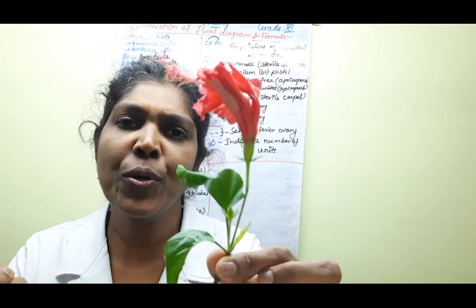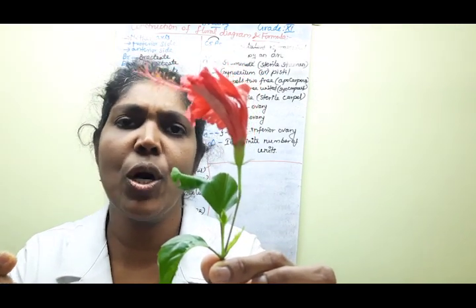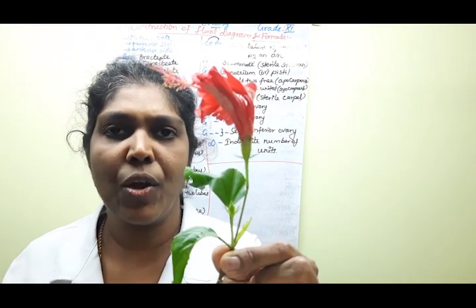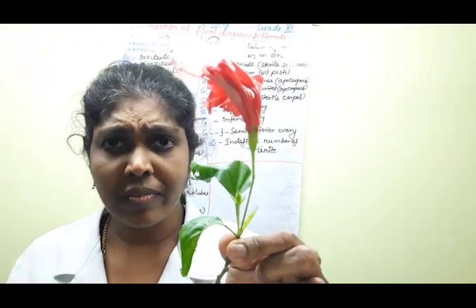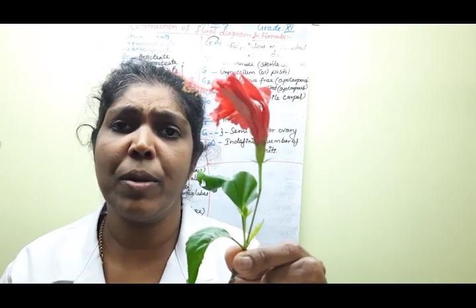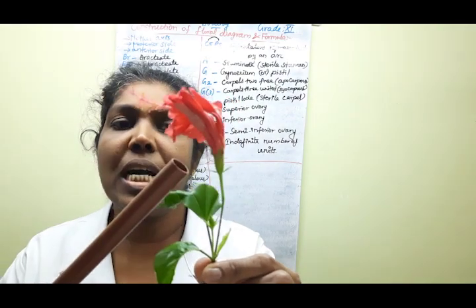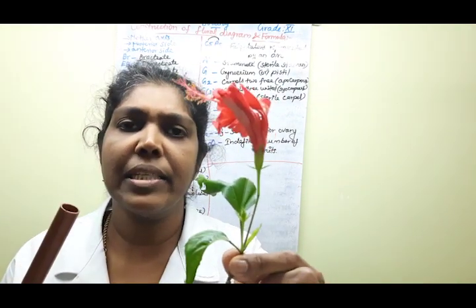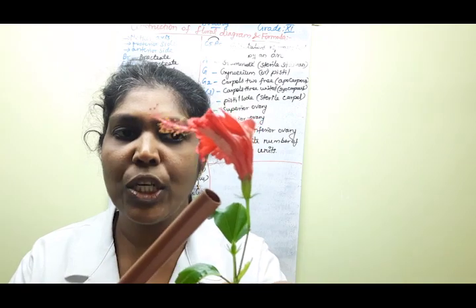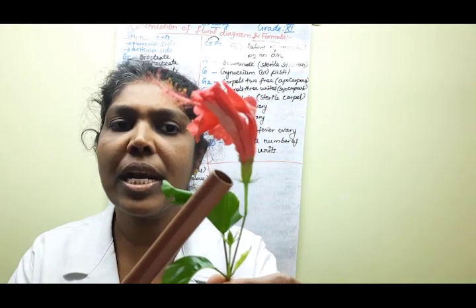A very small leaf-like outgrowth, the smallest one, is known as a bracteole. Already you have completely studied everything, what is meant by bract, bracteate, pedicel and so on. Isn't it, children? Yes, okay. So we are just identifying the bracteole.